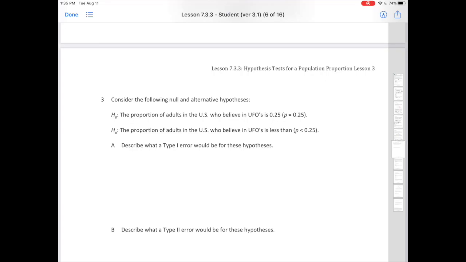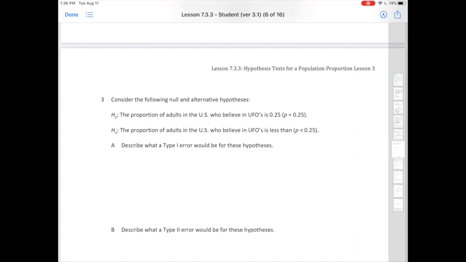Consider the following null and alternative hypothesis. We're going to practice here talking about what these errors would be. So the null hypothesis for this example problem is the proportion of adults in the US who believe in UFOs is 0.25. P is equal to 0.25.